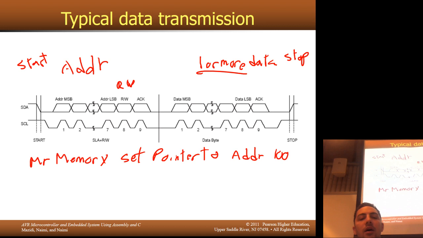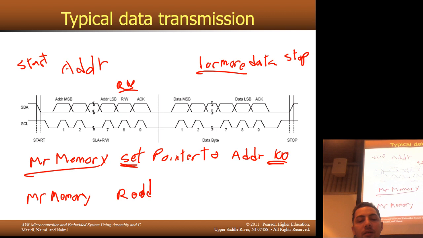That's a write command. Set your pointer to address 100. So you're talking to a memory. Mr. Memory is the address, write, and then the data byte is 100. Then you say, Mr. Memory, read 10 bytes. So you will receive 10 bytes. You're doing a read, talking to Mr. Memory.